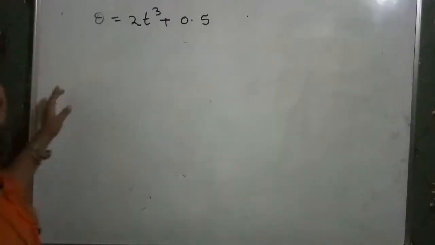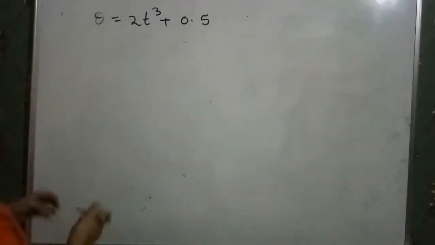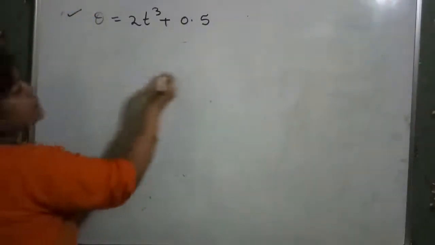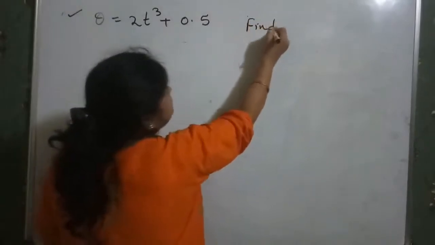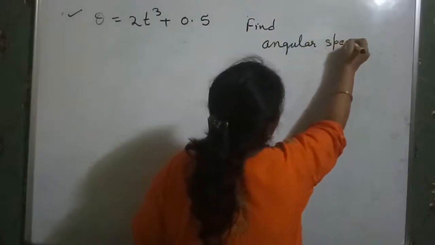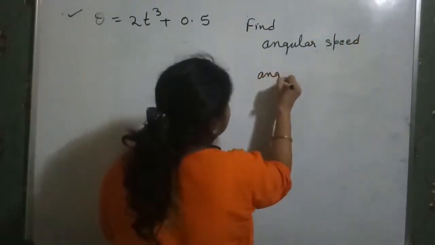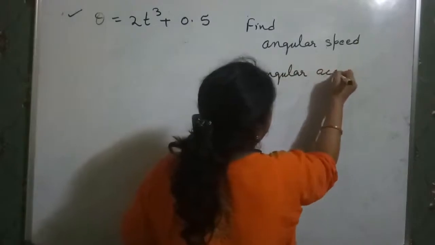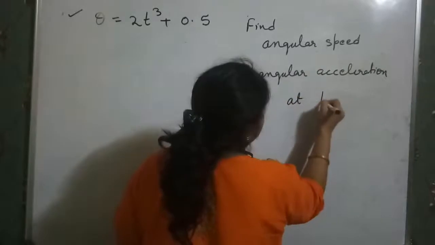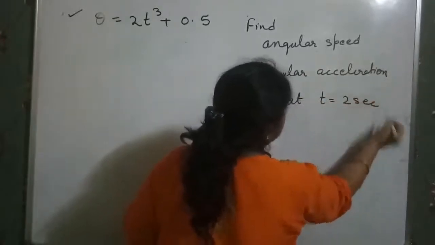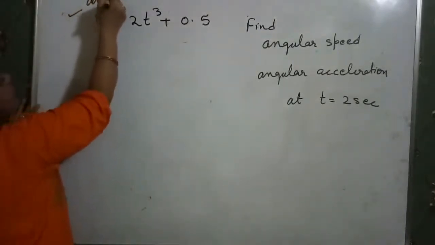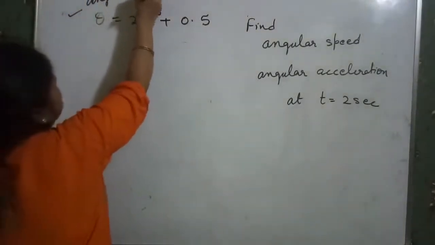Now the next pattern, just observe on the blackboard. If theta is equal to 2t cubed plus 0.5, it is given, find angular speed and angular acceleration at time t equal to 2 seconds. Clear? Theta is the angular displacement.